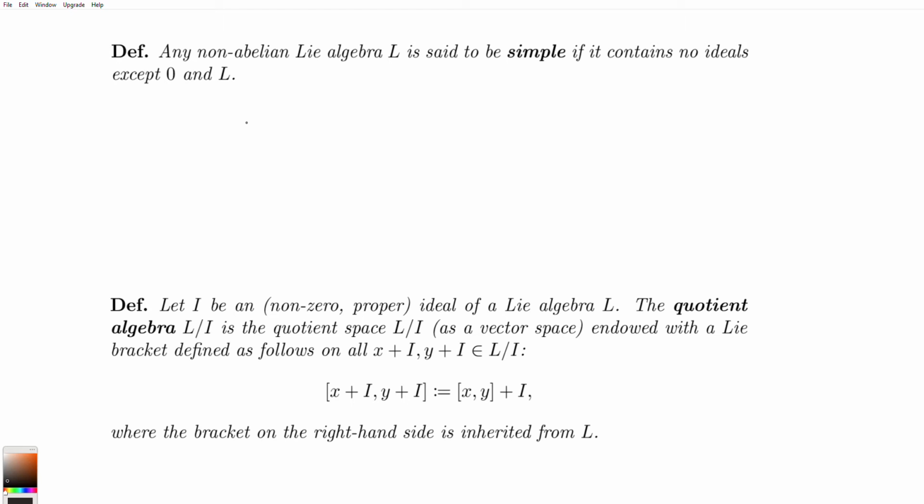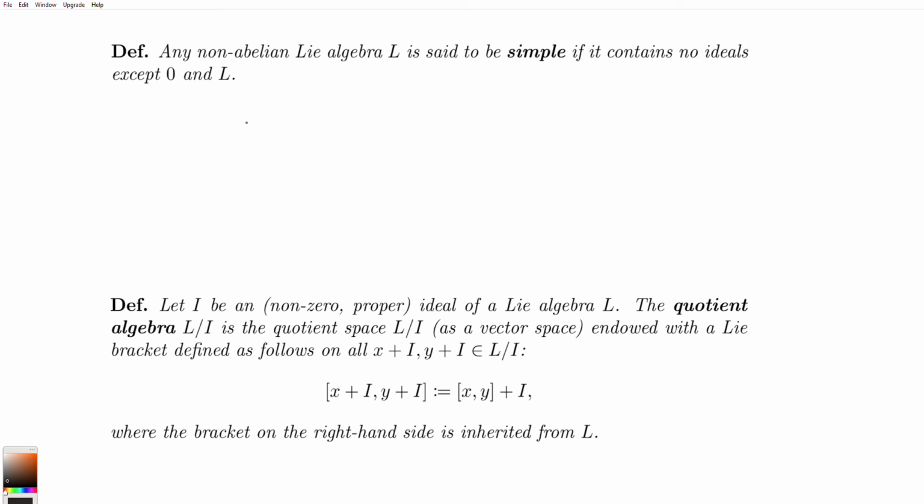It has no ideals except 0 and L. But it turns out later on in the theory of semi-simple Lie algebras, which, as the name might suggest, is related to simple Lie algebras, we don't really want the one-dimensional Lie algebra sitting in there.